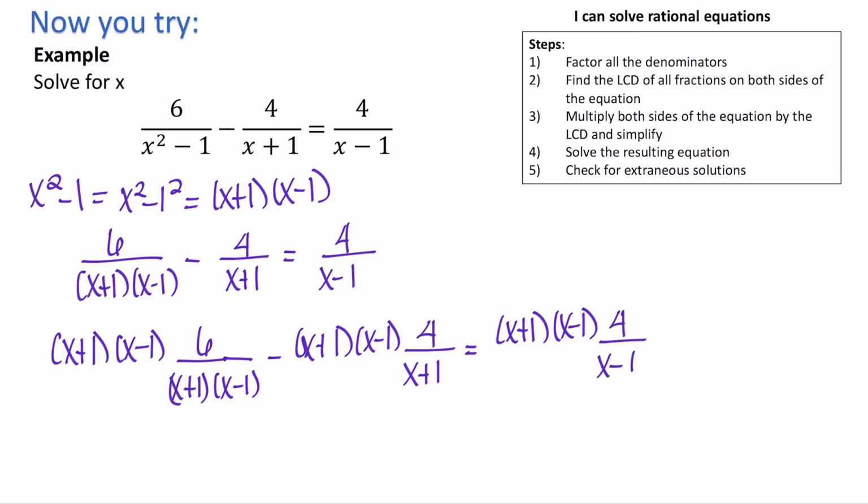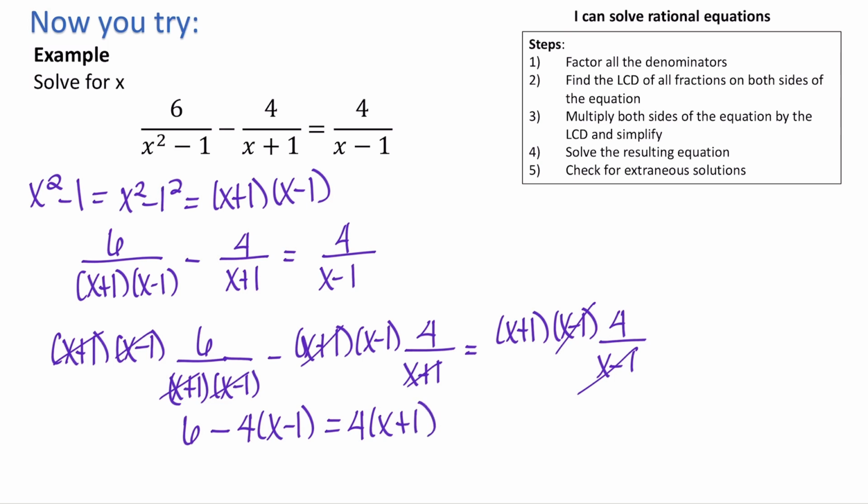Okay, so let's cancel our common factors. So these two will cancel, leaving us with just 6. And then we have minus, so x plus 1 and x plus 1 cancel. So we have 4 times x minus 1. And then that equals, well here, the x minus 1 cancel. So we have 4 times x plus 1.